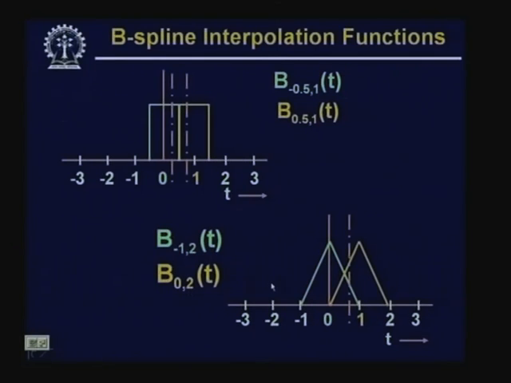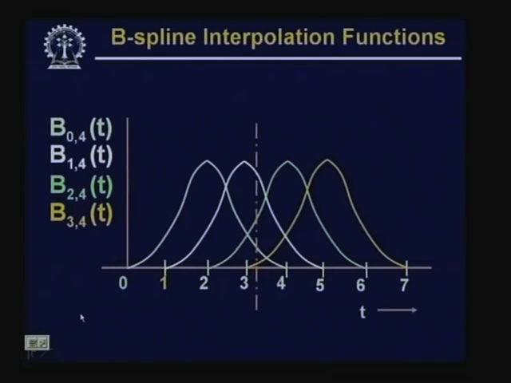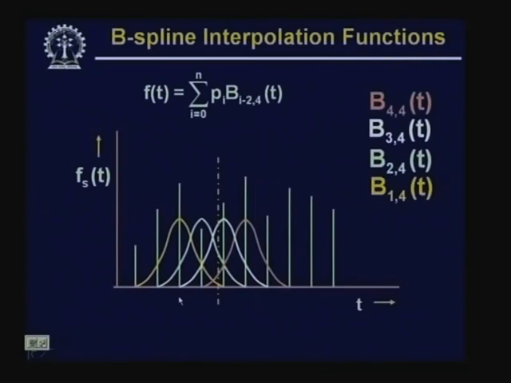Similarly, for b I 2, now the region of support for b 0 2 is between minus 1 and 1, for b 1 2 is from 0 to 2 and so on. Similarly for cubic interpolation, I do the corresponding shifting.